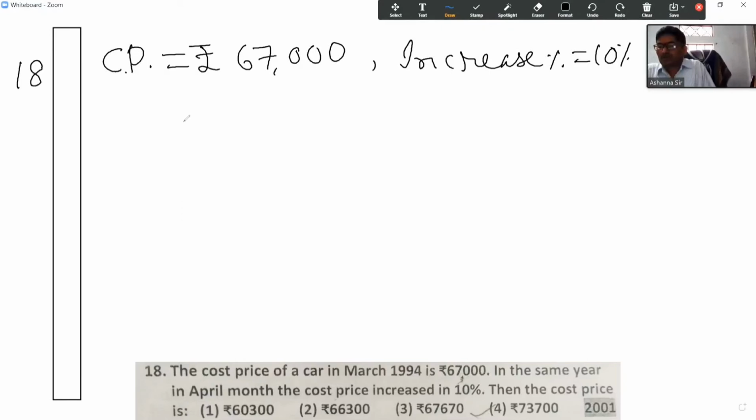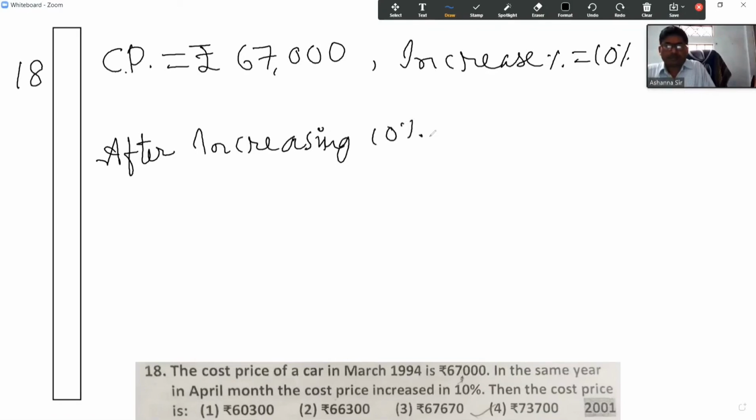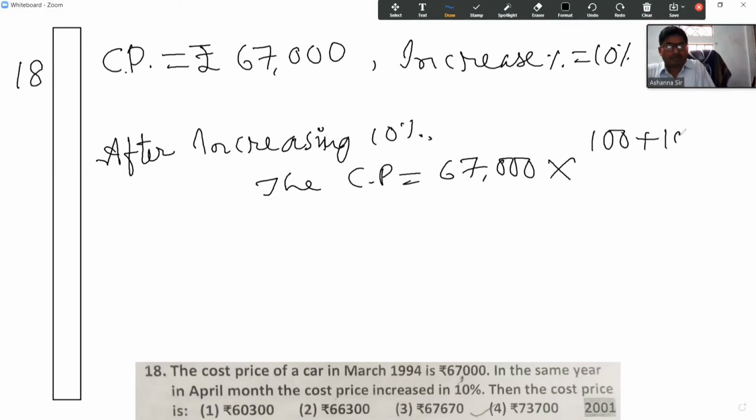So to find the cost price after increasing 10 percentage, it is equal to before cost price 67,000 into 100 plus increasing value. So 100 plus 10 by 100.